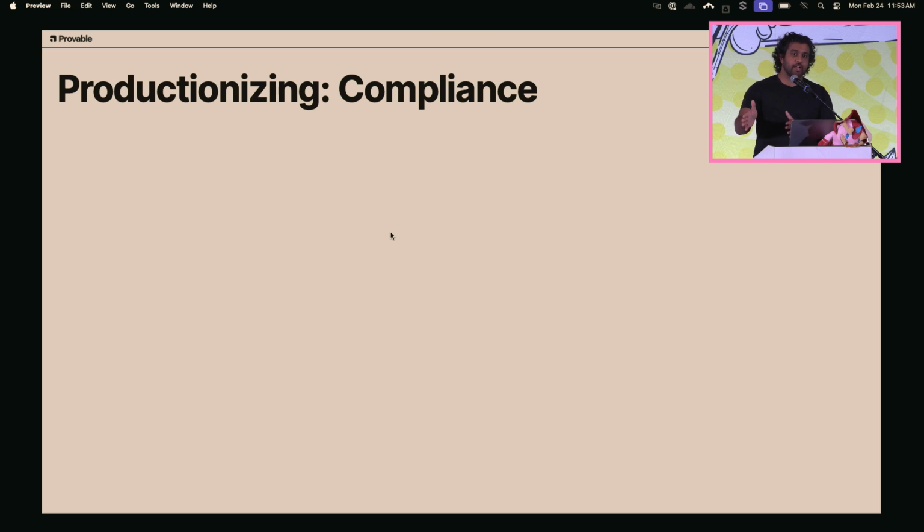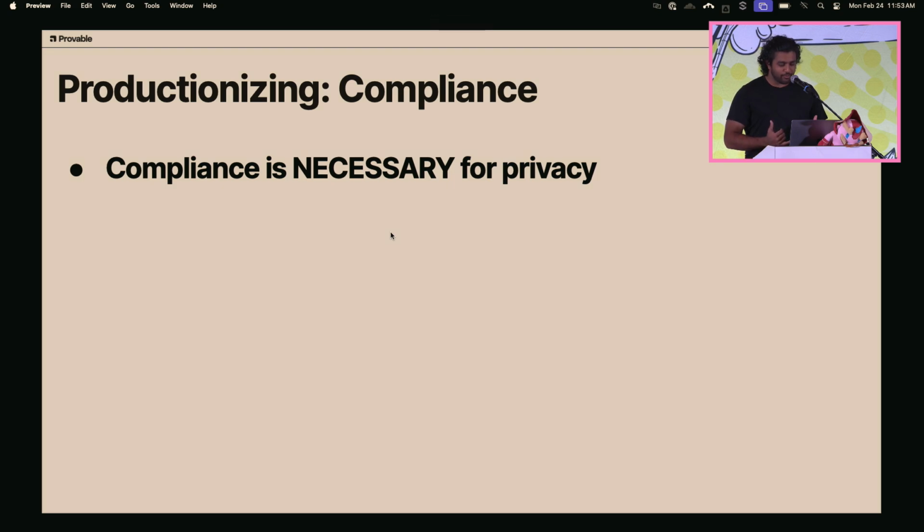Another dimension to implementing these things in production, or creating a product out of them, is compliance. So we spent all this time creating a private way to transfer money, but there's a problem in doing that, and that's you're basically fundamentally doing something illegal. With private money, people can launder money quite easily if you don't have guardrails in place.